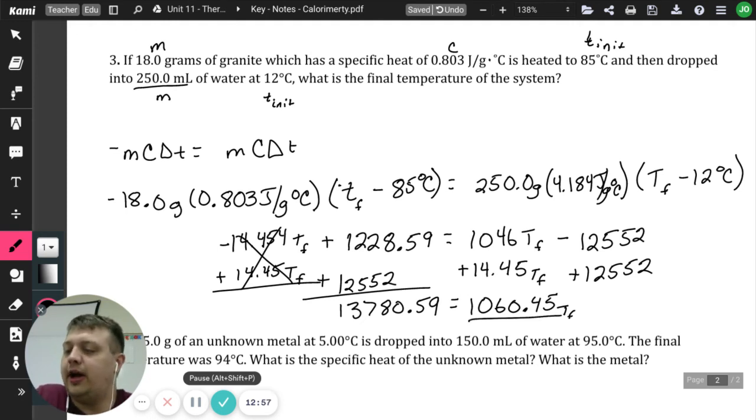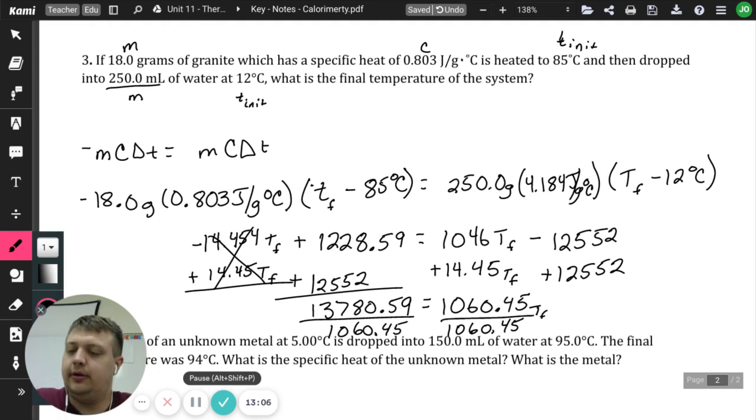And then I would divide both sides by this 1,060. And what I'll find is that my final temperature equals 12.9 degrees Celsius.